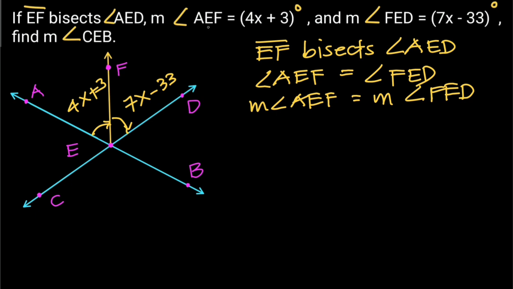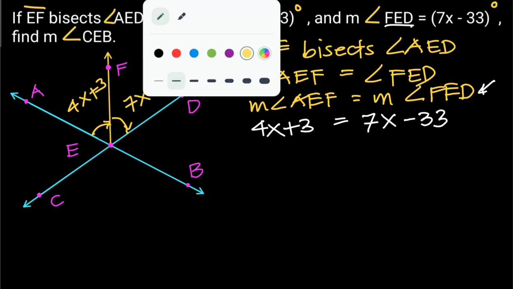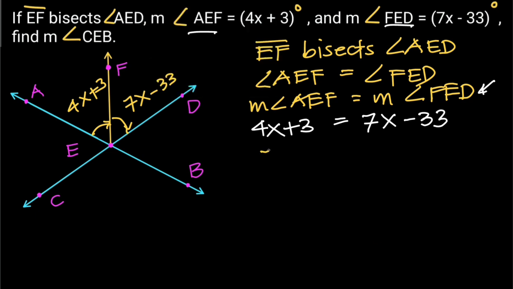Since we're given the values of angles AEF and FED, we can just plug in here. So that is 4x plus 3 equals 7x minus 33. And now we can solve for the value of x. So we subtract 7x from both sides.